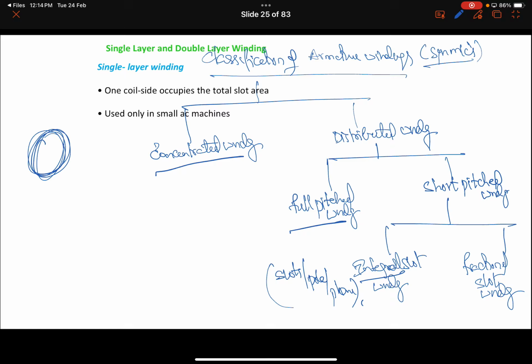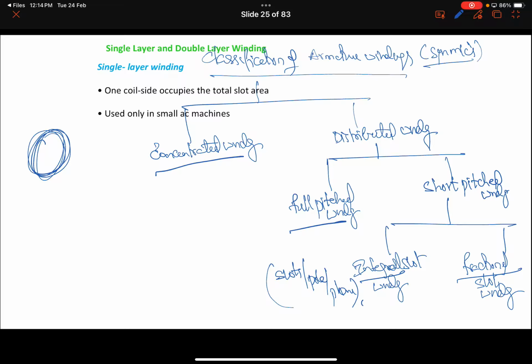If the resultant value is not an integer, then that type of winding is fractional slot winding. I hope this is the actual classification: concentrated, distributed, full pitched, short pitched, and again integral slot winding and fractional slot winding.